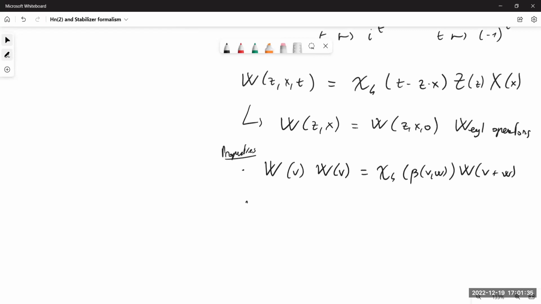The other property is that you have the canonical commutation relations again. But when you write the canonical commutation relations, you don't have the character on Z4, but you have the character on the base field, and you have the symplectic form in this case. It's nothing too fancy. It's just that when you do the calculation with this relation here, different things pop out depending on properties of beta and stuff like that.